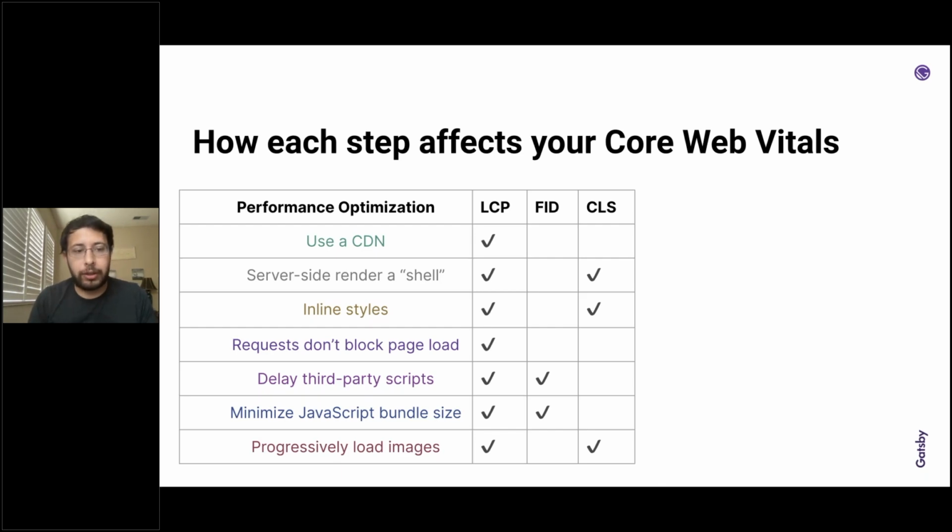The JavaScript related ones, like delaying third-party scripts and minimizing JavaScript bundle size, are going to help a little bit with the first input delay by minimizing the amount that your browser is parsing the JavaScript, because when it's parsing the JavaScript, it can't be responding to user input. It's called blocking the main thread.